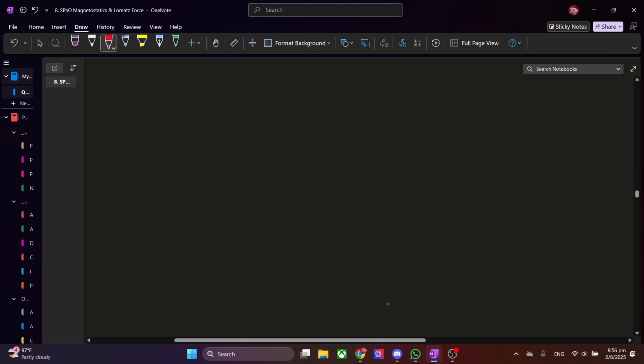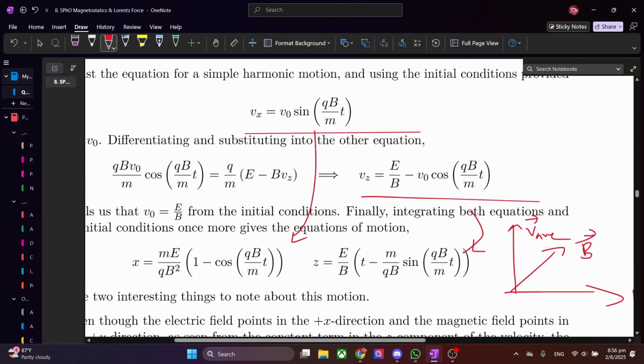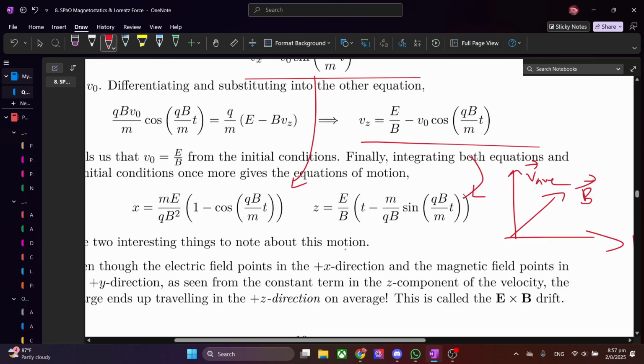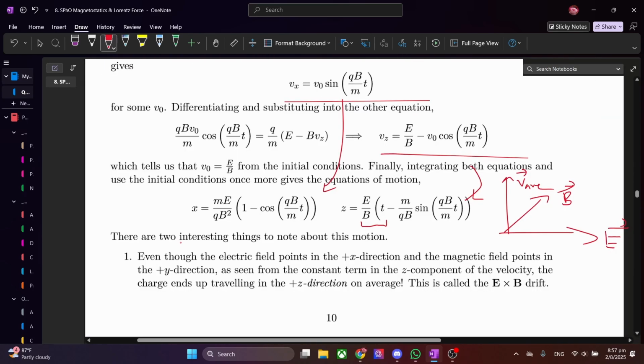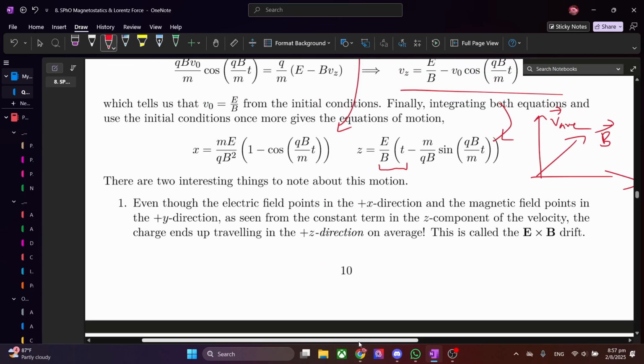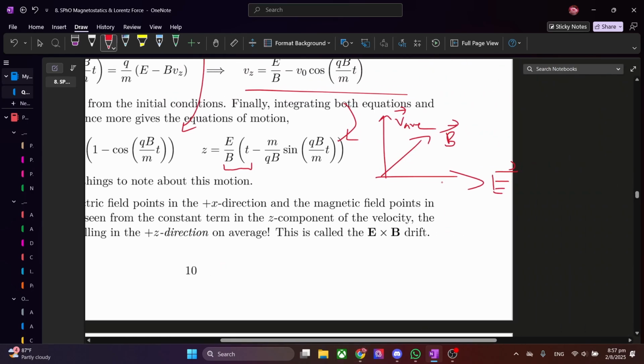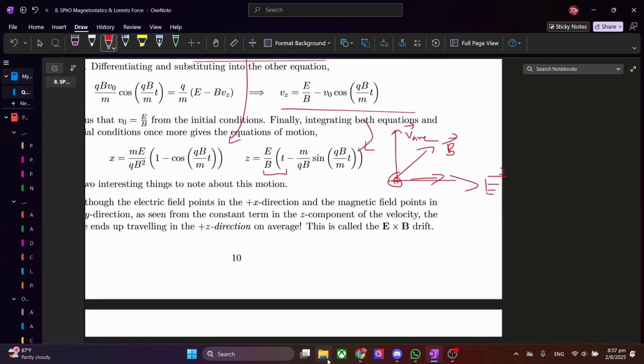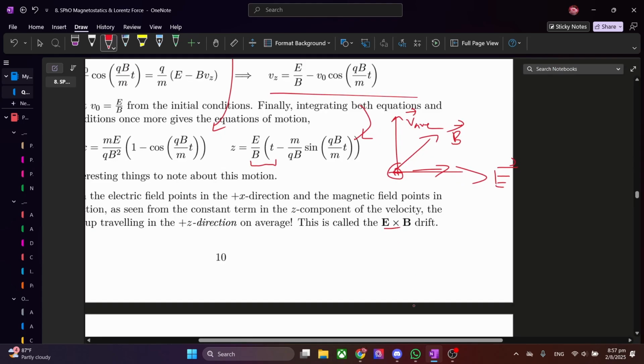And that actually doesn't depend on your charge, as you can see, because here, after you derive everything, you get that Z is E over B times T, and this doesn't depend on the charge. So it seems counterintuitive because your electric field should tend to divert your charge in this direction, but because of your magnetic field, it sort of twirls into a really weird shape. And this is what we term the E cross B drift.